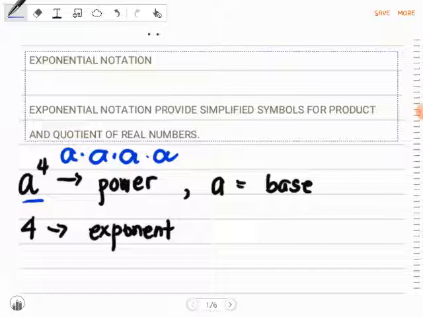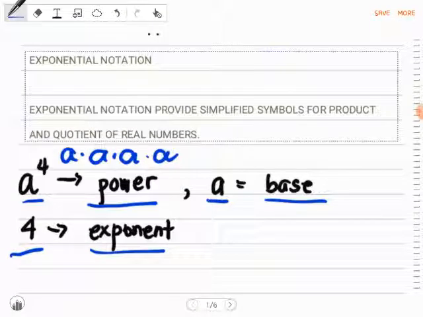The real number a raised to 4 is called the power. The positive 4 is called the exponent. And the real number a is called the base of the power a raised to 4.